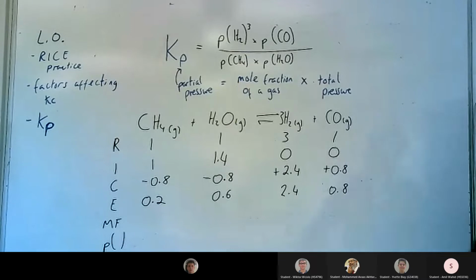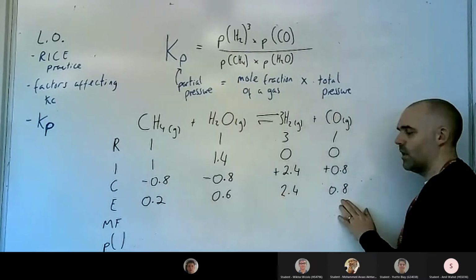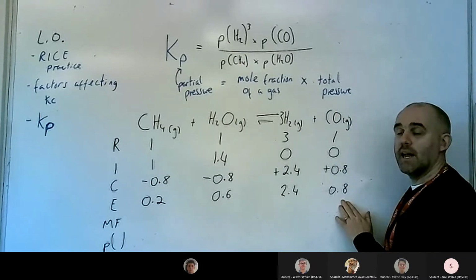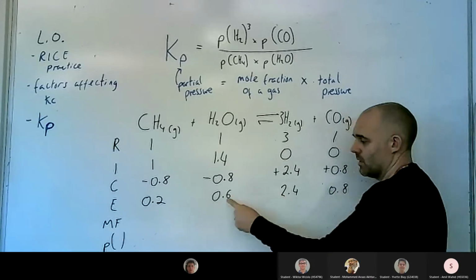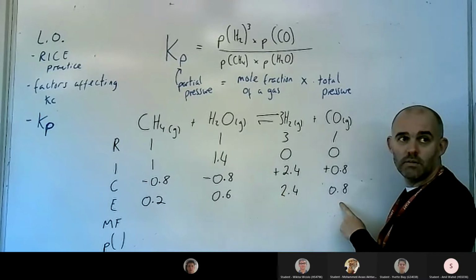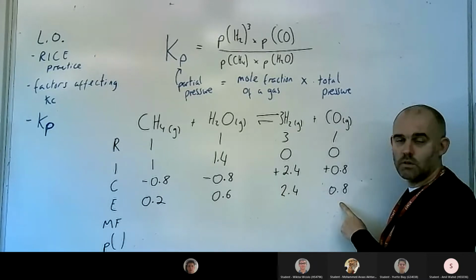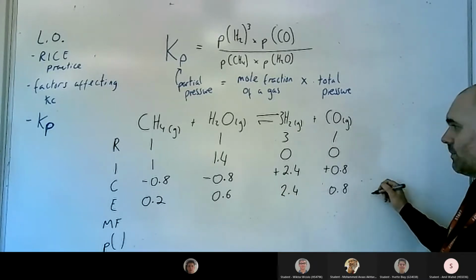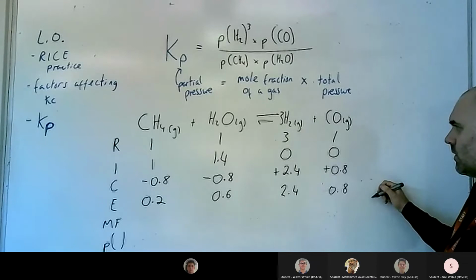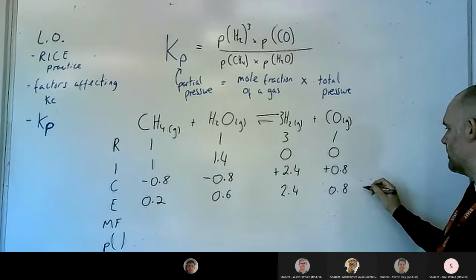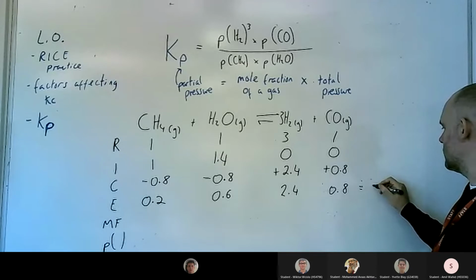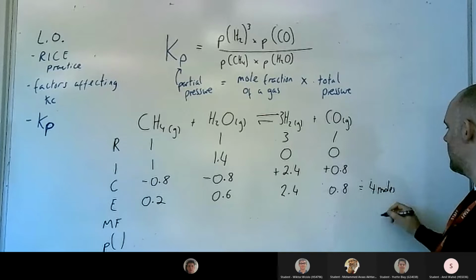So these are all the moles that we have. We've got to work out what each one is of the total moles. So the first thing we need to know is the total moles. We're going to add these four numbers together: 1 plus 1 plus 3 plus 1, which is 4 moles.